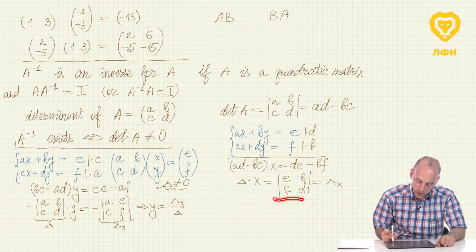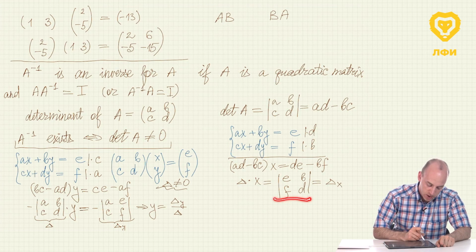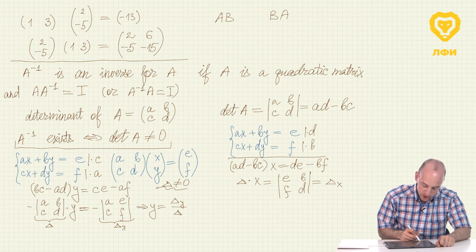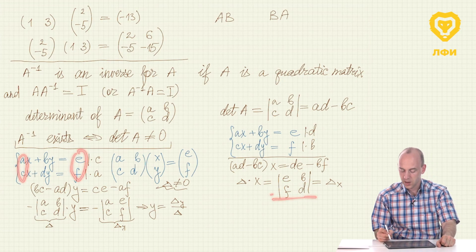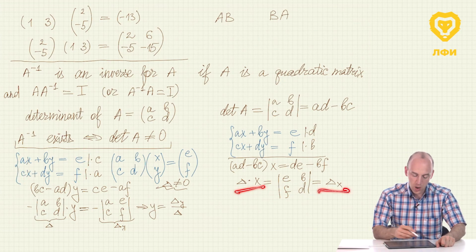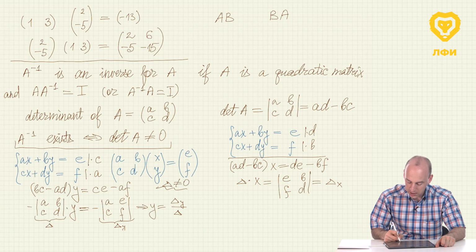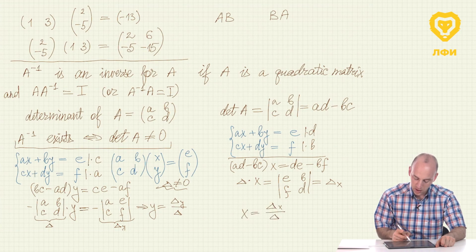And let us observe that we get this determinant if we take the initial matrix, with these coefficients, and replace the column with coefficients of x with the column of constant terms. And from this equality, we get that x is equal to delta sub x over delta.